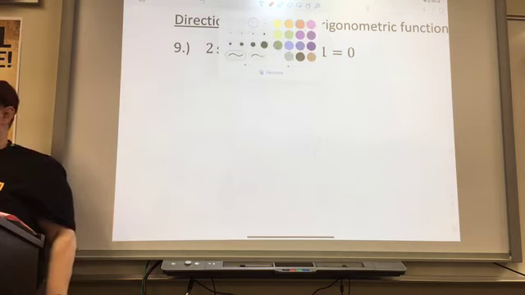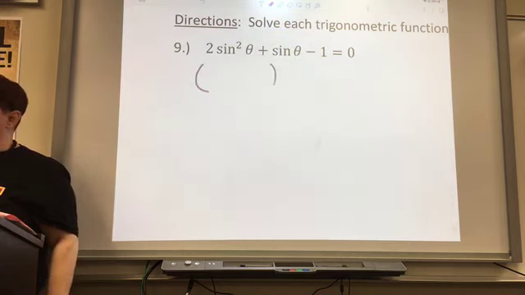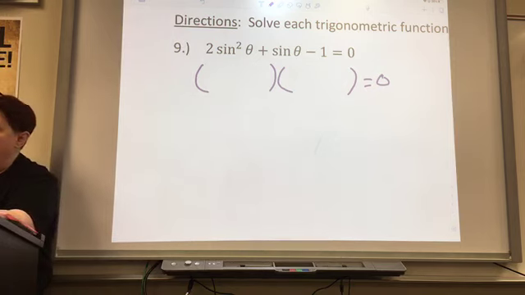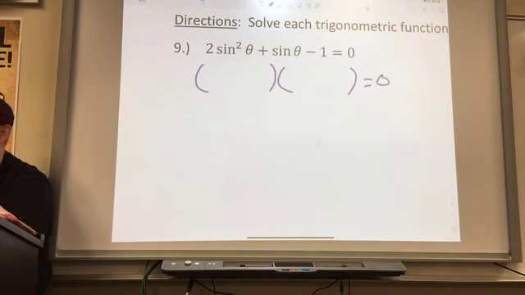I don't understand why nobody can do it, because it's not hard to derive. So 2x squared, we get that from an x and an x. That's what we do. Switch your plus and minus.